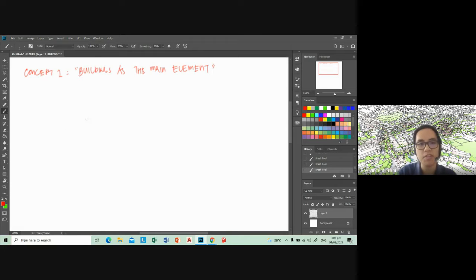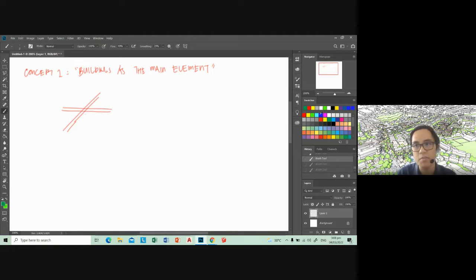So for example, you have a city, you have like a grid. Let's say that's a road. Maybe let's do it like this. Road, have another road here. And what defines the cities according to the way we've been trained as architects is that the giver or the main design element are the buildings.